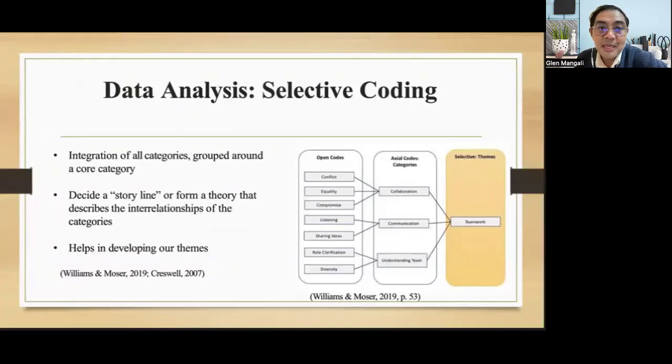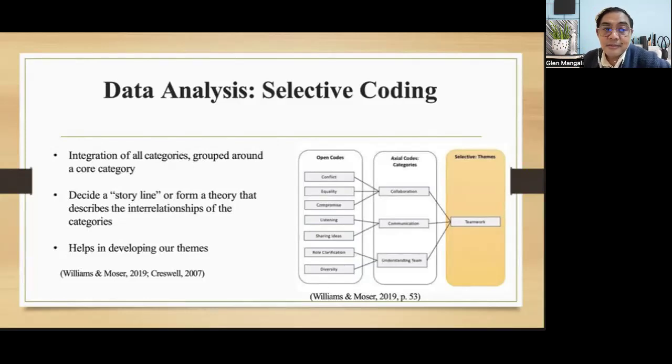And when they can be collapsed as one, or a term that will encompass all these categories, these can lead to the theme. So for example, we have collaboration, communication, and understanding team. Meaning to say, these three words can be described into one word, and the word is teamwork.